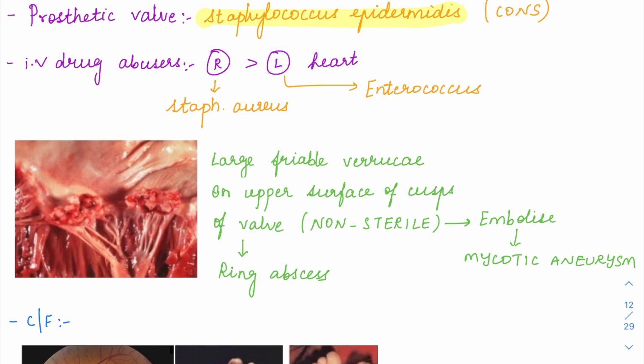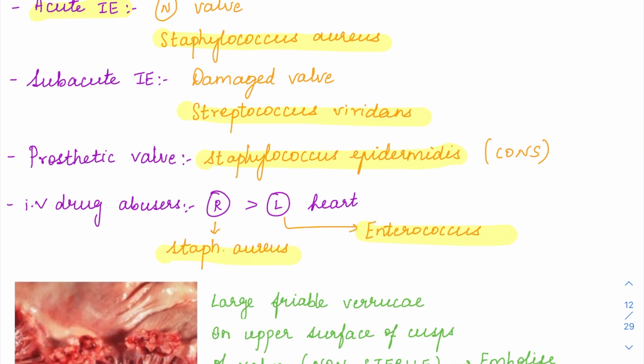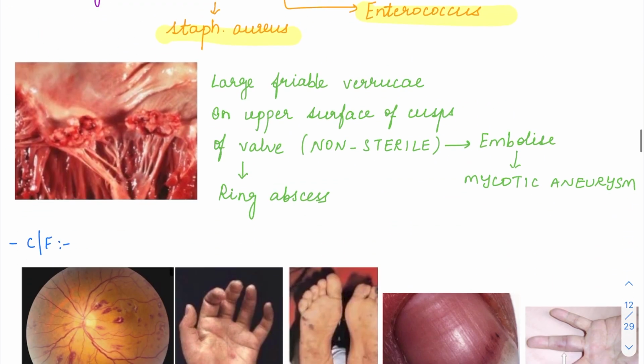So the right heart is going to be affected more than the left heart in IV drug abuse, that is, the tricuspid valve will be affected more. In the tricuspid valve, the infection is more commonly due to Staph aureus, while if it is an aortic or mitral valve, the organism is going to be enterococcal in IV drug abusers. So these can be asked as direct MCQ questions, and for that you need to know the organisms involved in each type of infective endocarditis.